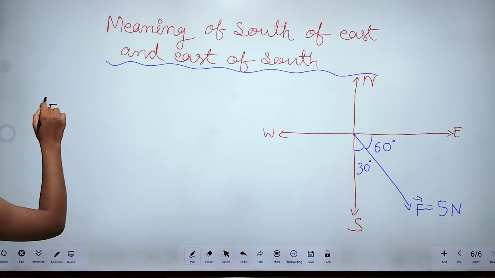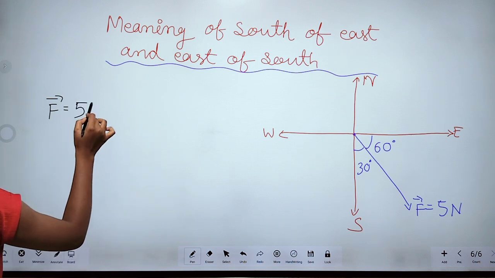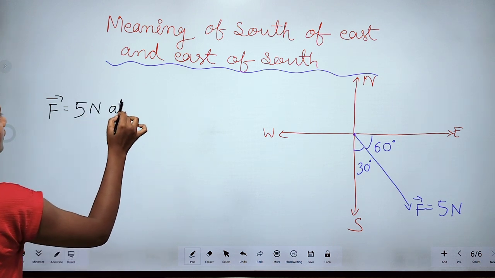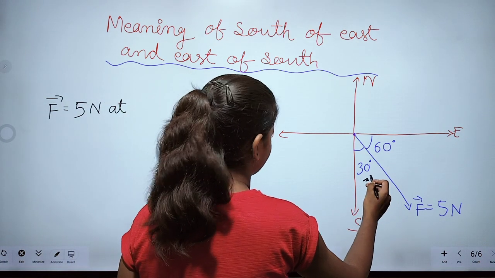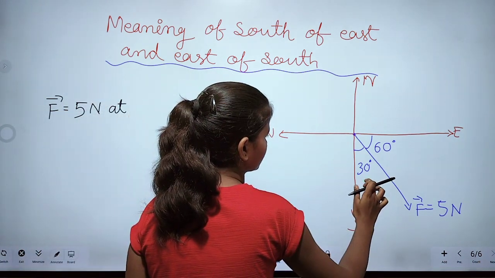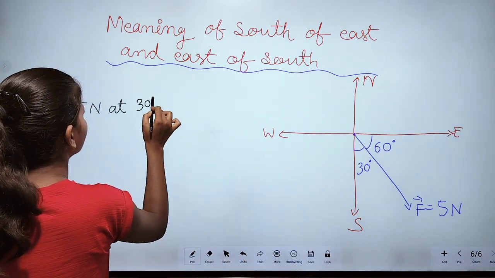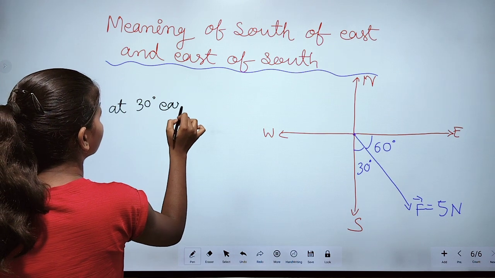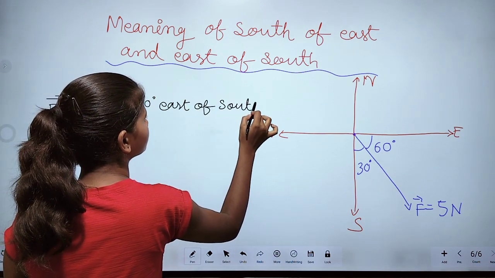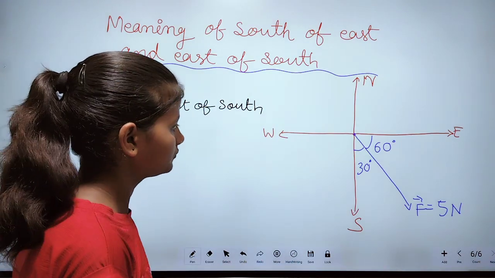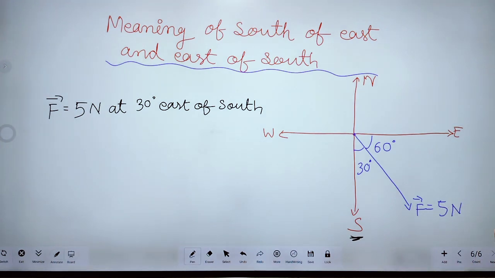So force is equal to 5 Newton at 30 degree east of south. Okay, 30 degree east of south. 30 degrees is formed with south, that's why it is written in the last.